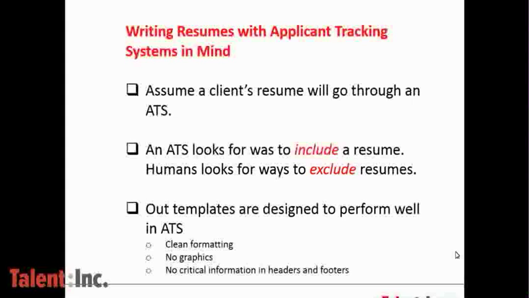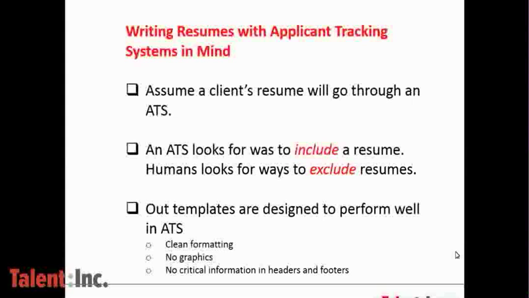So if you're trying to save space and you're thinking about putting the client's contact information in a header, please don't, because only the body of a resume is read by an applicant tracking system. We have to assume that the technology is not there. We have to assume that the older technology is going to be in use, and headers and footers we know are not read by applicant tracking systems.